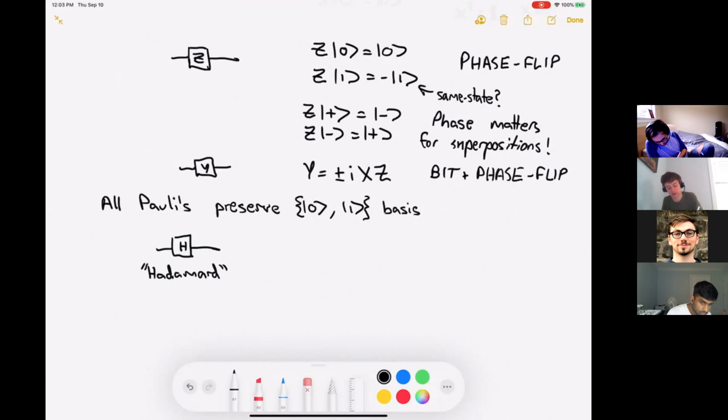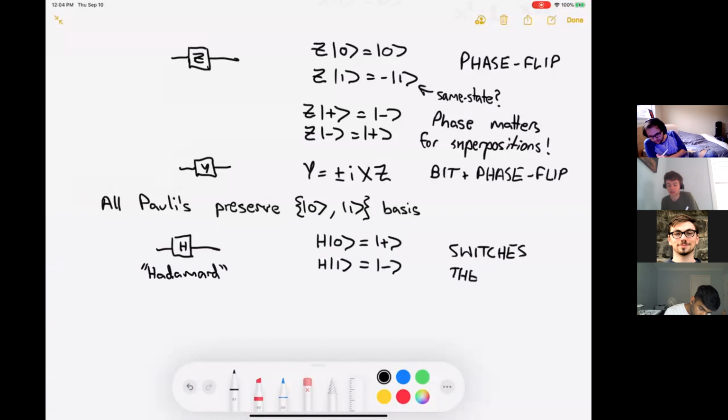And this is defined by H acting on 0 being equal to the plus state, and H acting on 1 being equal to the minus state. So this switches the computational basis, the Z basis, with the plus or minus basis, i.e. the X basis.